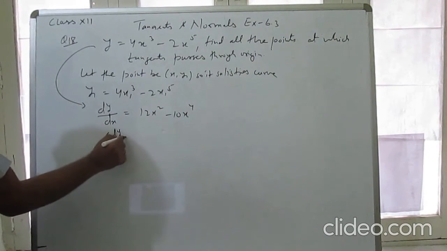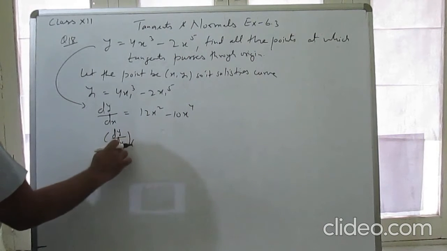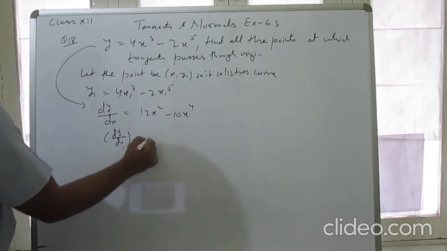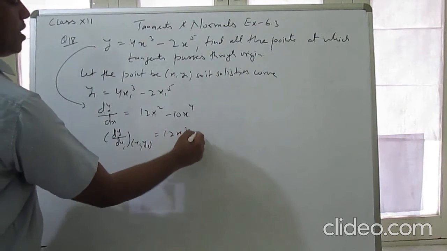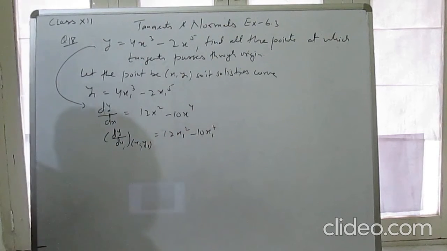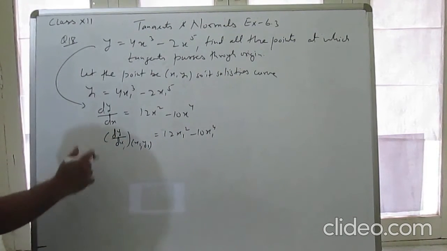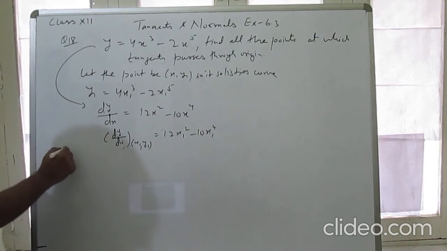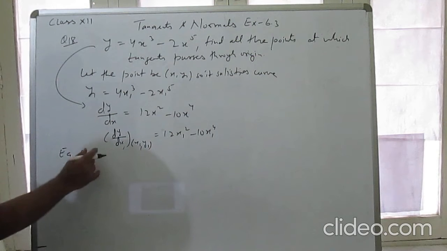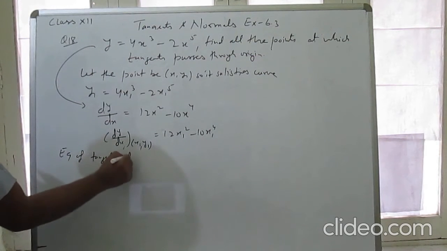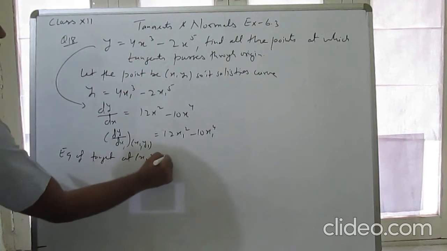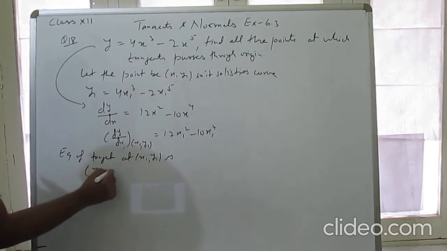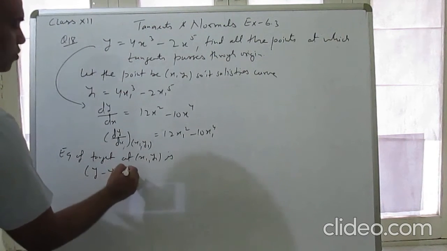So dy by dx at x1, y1 is 12x1 square minus 10x1 to the power 4. So the equation of the tangent at point x1, y1 is y minus y1 is equal to dy by dx.